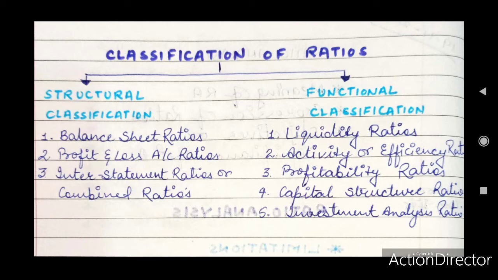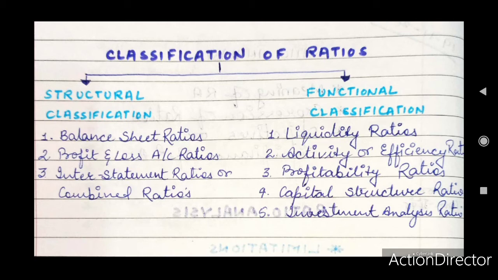Number 4, capital structure or leverage ratios. These ratios help in measuring the financial contribution of the owners as compared to that of creditors and also the risk in debt financing. The long-term solvency of the business can be examined by using leverage ratios.